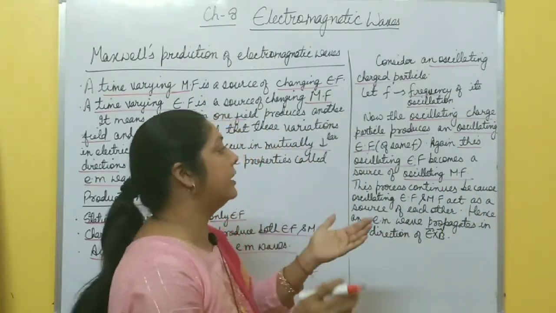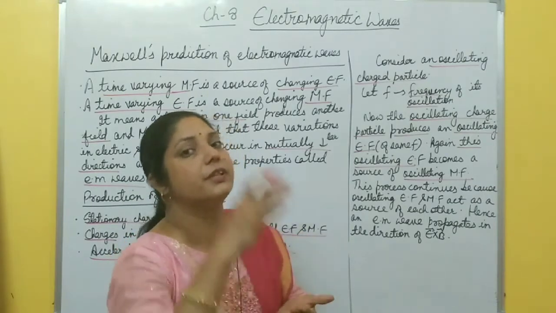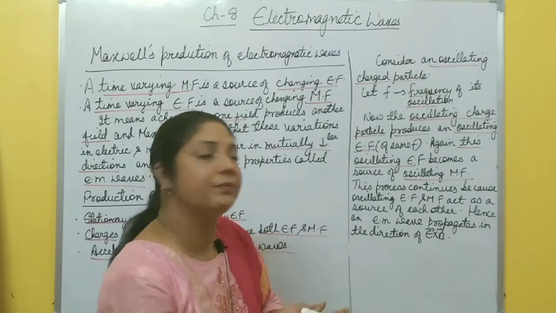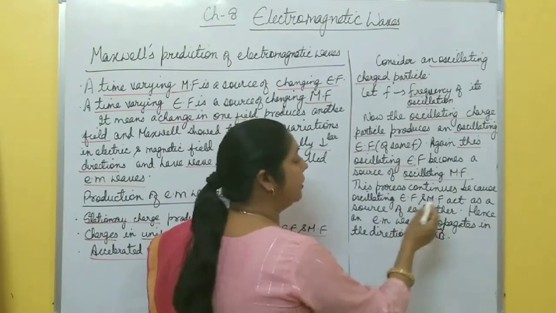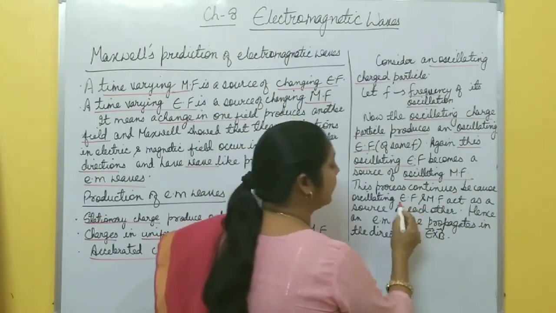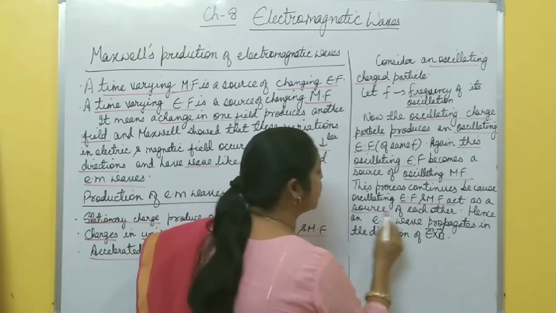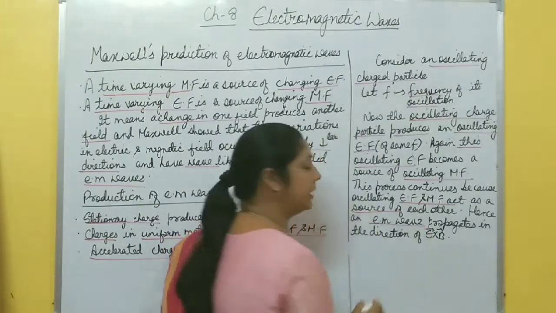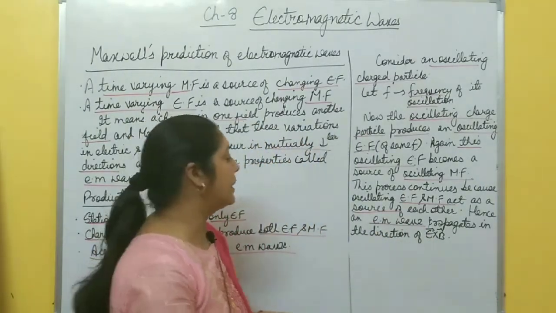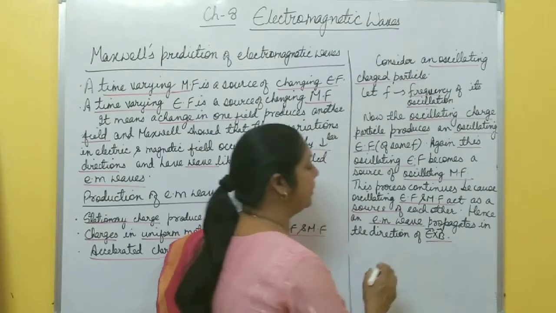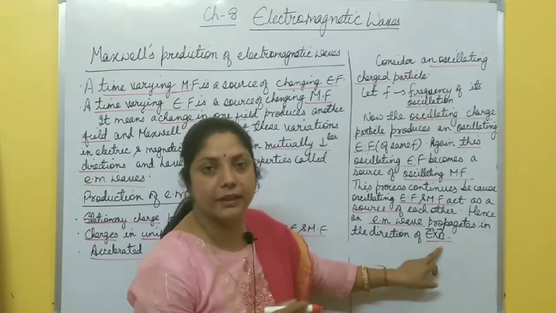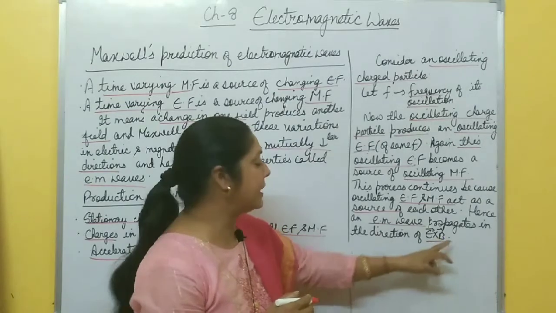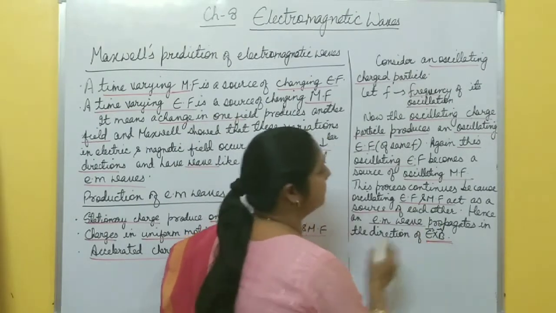It means the oscillating electric field produces an oscillating magnetic field, and the oscillating magnetic field produces an oscillating electric field. In this way, both act as a source of each other, and hence an electromagnetic wave propagates. It propagates in a direction perpendicular to the E and B vectors, the electric field and magnetic field. It means electromagnetic waves propagate in the direction of E cross B.